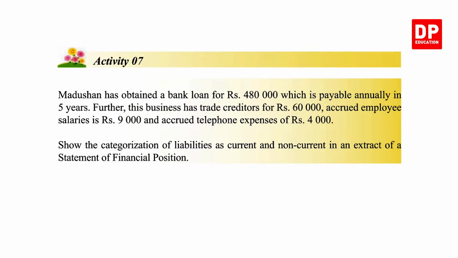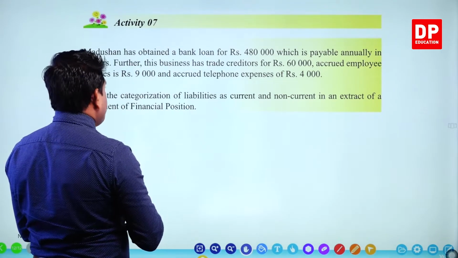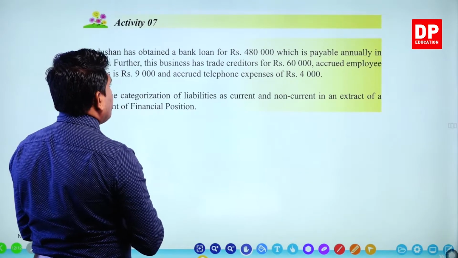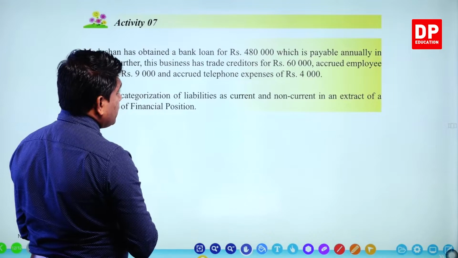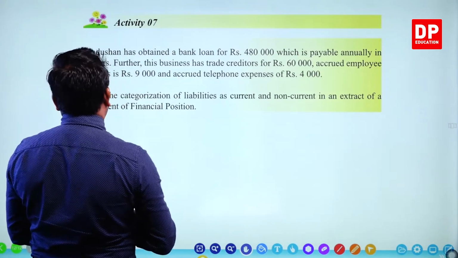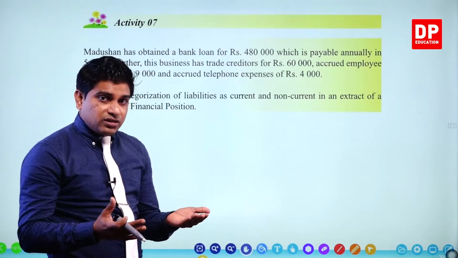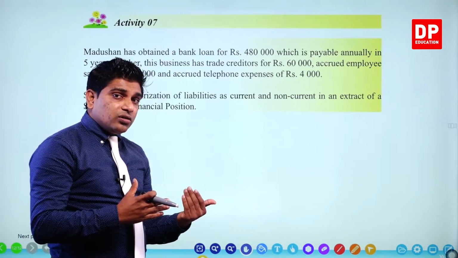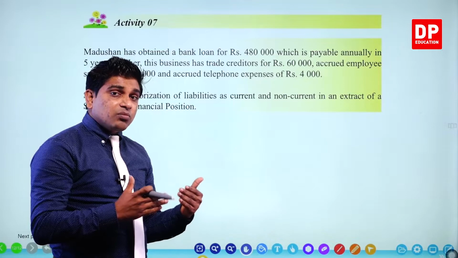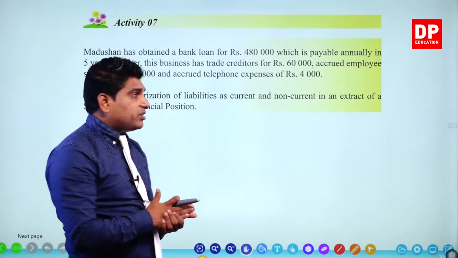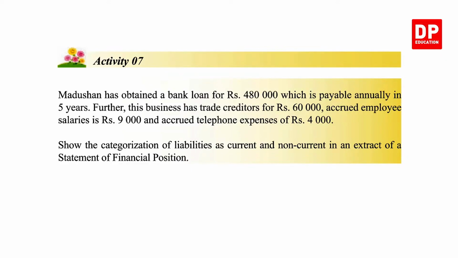Everyone turn to your textbook and do this question with me. It is activity 7. Madhushan has obtained a bank loan of 480,000 which is payable annually in 5 years, right? You can pay within 5 years, not less than 1 year. It is more than 1 year, non-current liability, right? This business has creditors of 60,000.